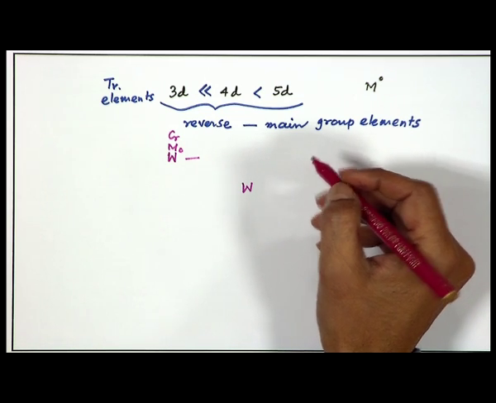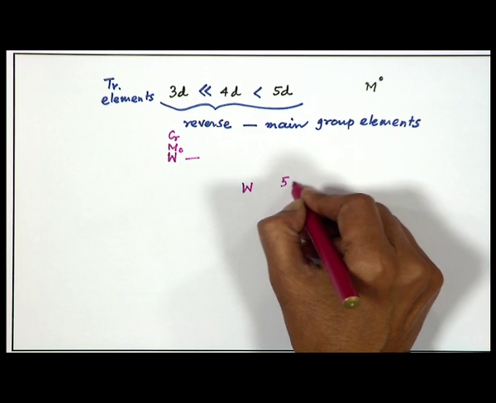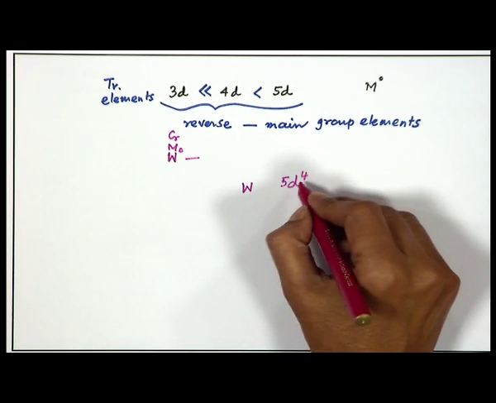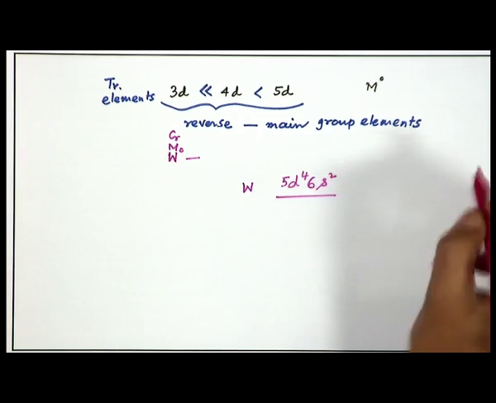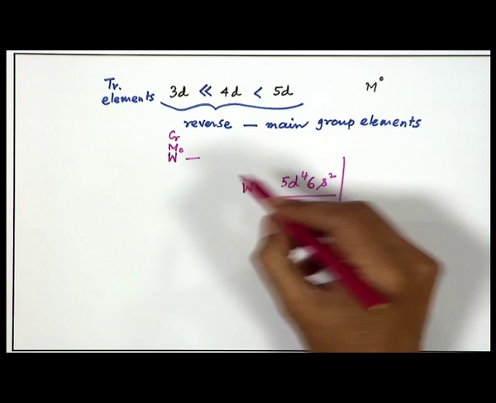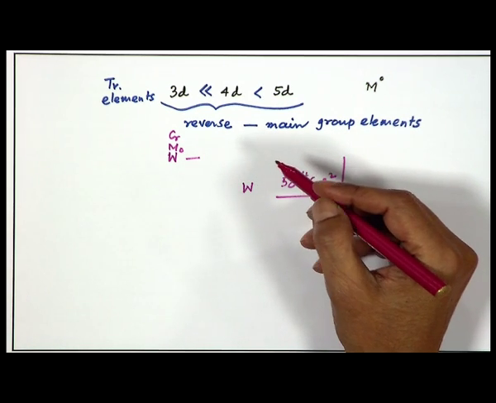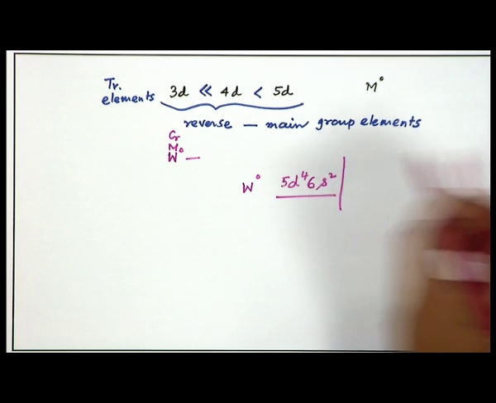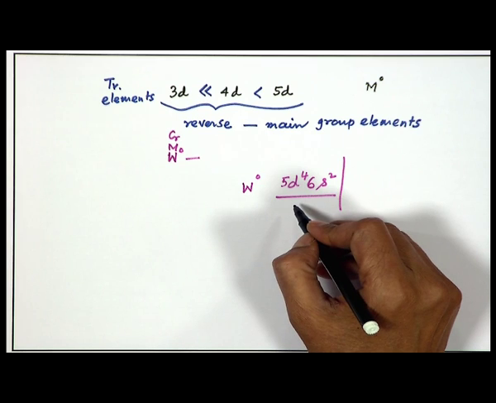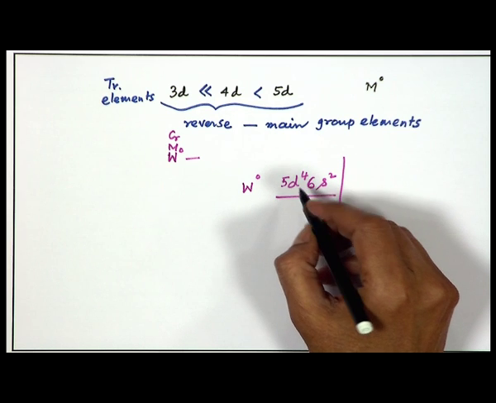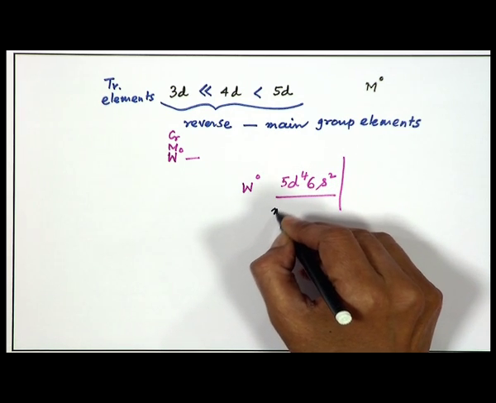So, we have 5d4 6s2. All these 6 electrons, if we consider the corresponding property in its 0 state, that means tungsten in the metallic state, the 6 unpaired electrons participate strongly in metallic bonding.